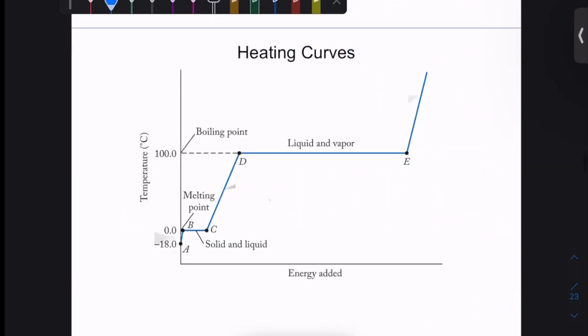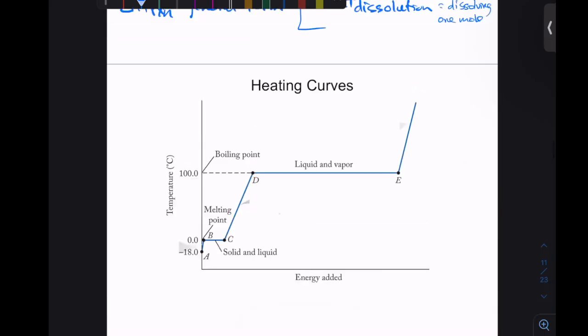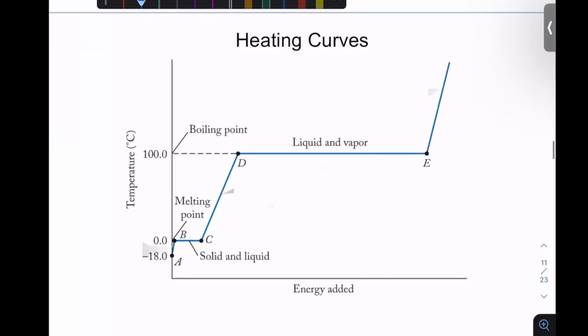All right, so we're going to look at this heating curve. And in a heating curve, even though it's not a curve, it's a bunch of straight lines, we still call it a curve. And this is an example taken right out of the textbook. In the textbook, they talk about taking ice, so solid H2O, starting at a temperature of negative 18 degrees Celsius.